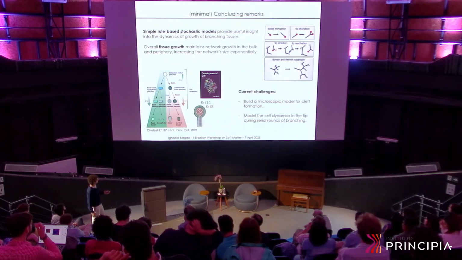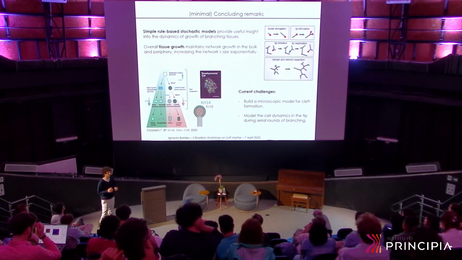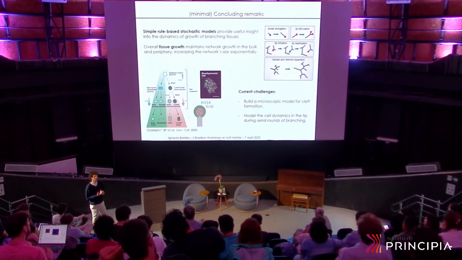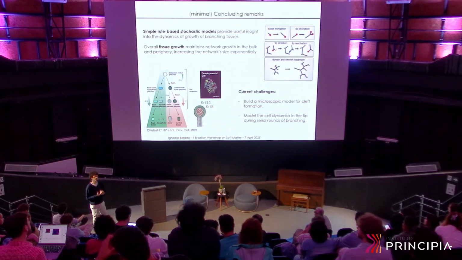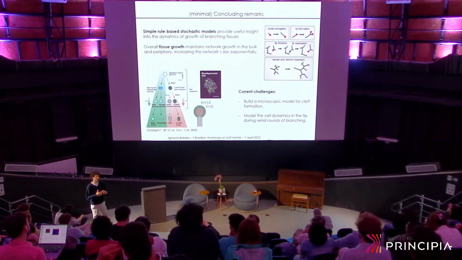I'm working on other things now that have to do with the actual organization of these tips, and for that we need a model that can explain why the tips behave in the way they do, and how a tip can survive multiple rounds of branching. In general, you think of this branching event as a strong perturbation to the dynamics of the tip.